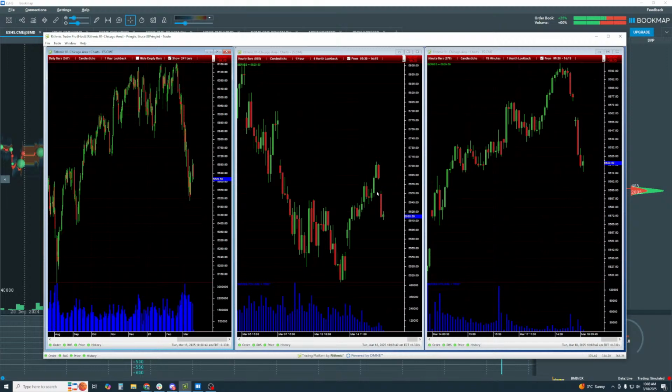We also saw a bump yesterday, and we're still up compared to Friday's close, I think. But we're pretty close to it. You can see current price right here, and then yesterday's move to the upside.